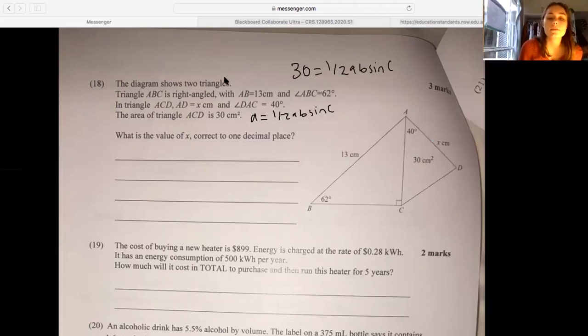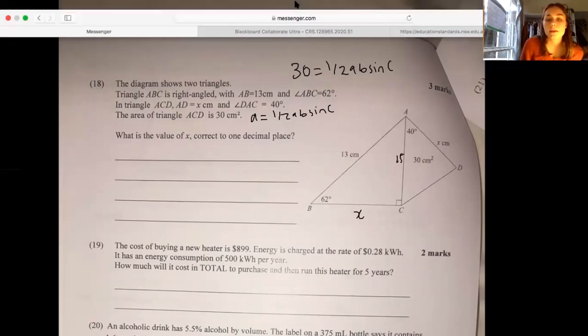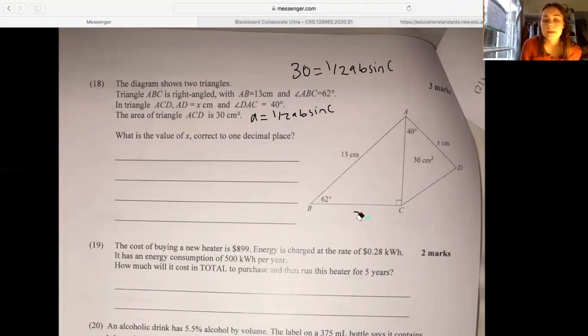Because if we were given that side and we had to find that side X, and we were given 15 here, then we'd need to find that angle, because then we could use the two sides and the included angle to find X, but we haven't. So if you're only given one side, what's something that you could do?